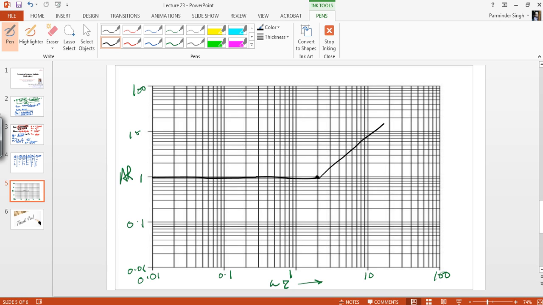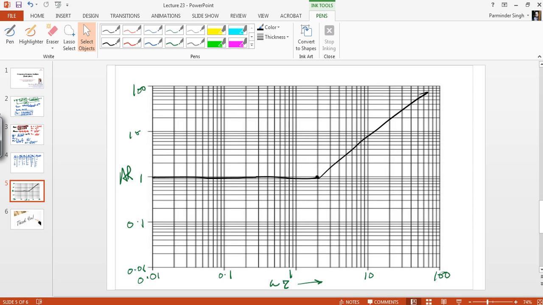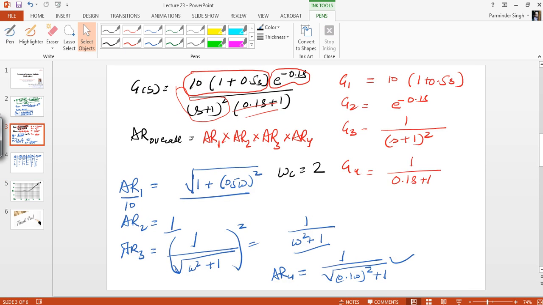Now this is the corner frequency equal to 2. So this is your PI controller, that is AR for G1, for this particular transfer function. That's the Bode plot.